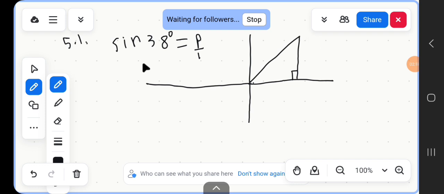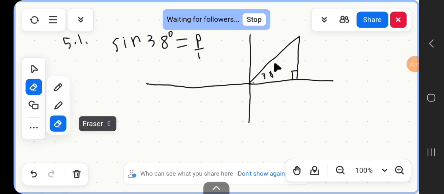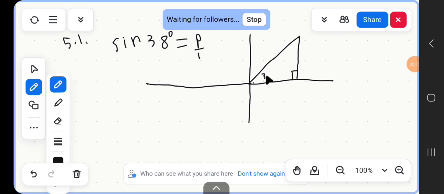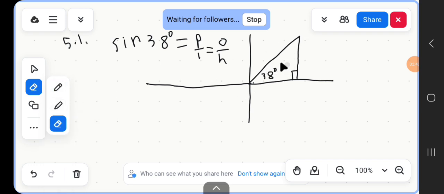Sine is opposite over hypotenuse, so the side opposite the angle is p, and the hypotenuse, the longest side, or r when using the theorem of Pythagoras, is 1.